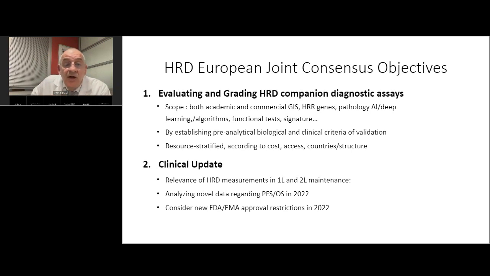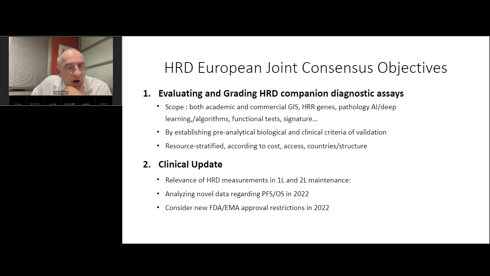It includes what you call GIS, genomic instability, but also HR gene panels, pathology, etc. signatures. And for that, we have established pre-analytical, biological, and clinical criteria of validation. We will also take into account cost, access, reactivity, turnaround time, etc.